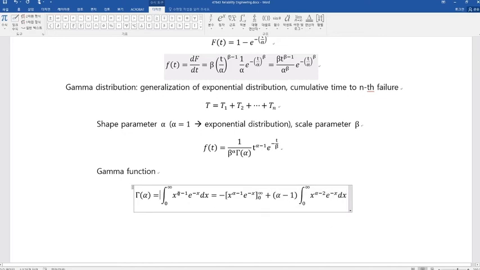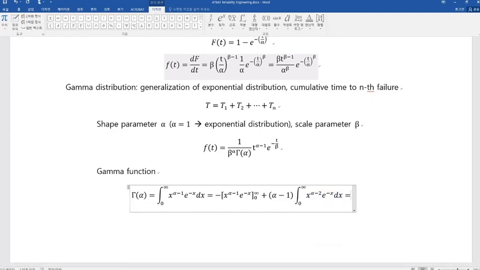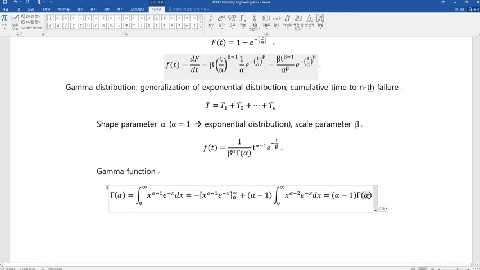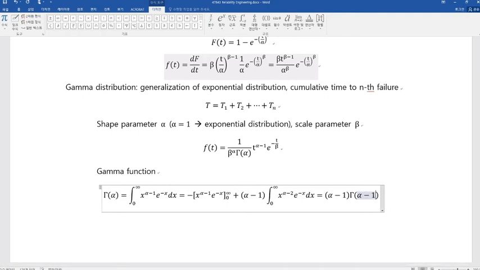If we compare this with the original definition, the only change we can see is that alpha minus 1 is now changed to alpha minus 2. And it would be equivalent to alpha minus 1 times the gamma function for alpha minus 1.